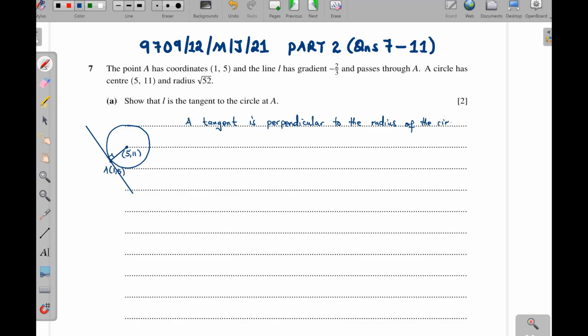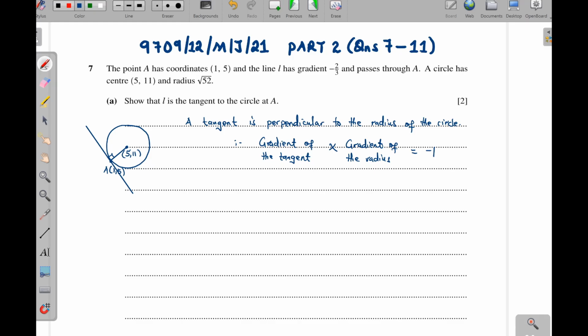So what does this mean? The gradient of the tangent times the gradient of the radius must be equal to negative 1. That is what we must prove.